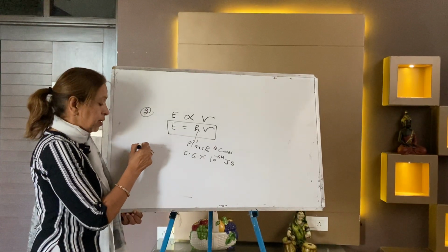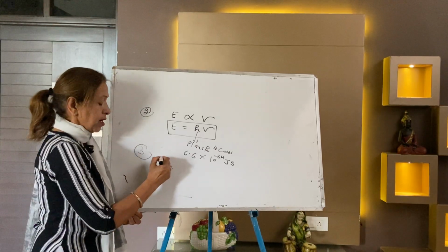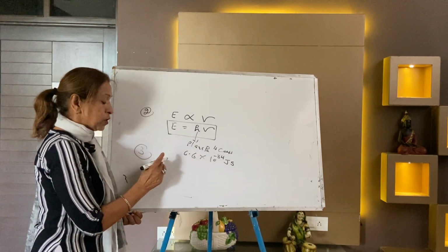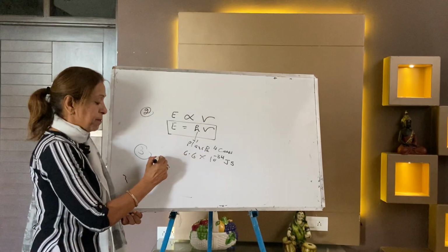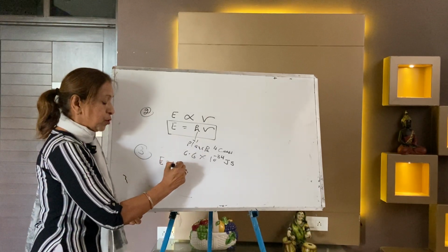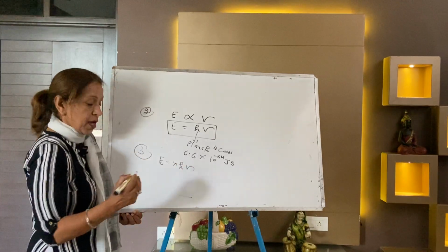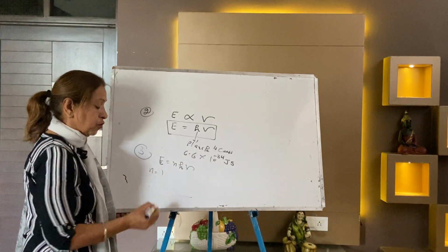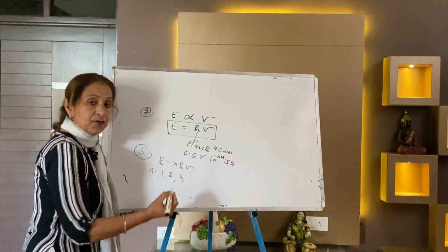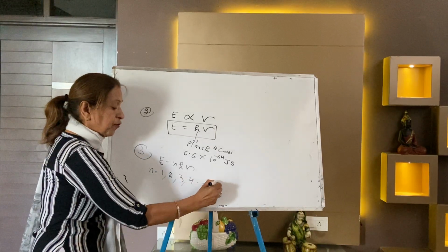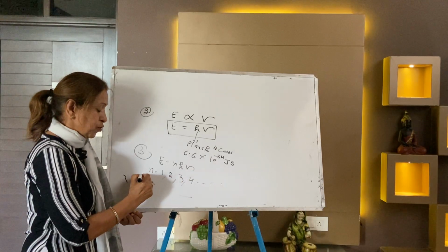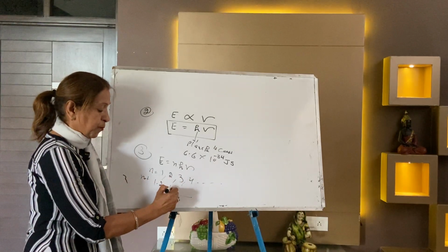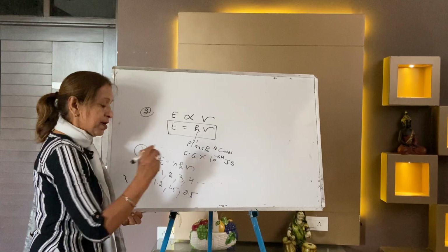Now I am taking the third and last postulate. Only those photons are emitted and absorbed which are whole number multiples: E equals n h nu. n equals 1 photon, 2 photons, 3 photons, whole numbers, like 1 bucket, 2 buckets, not half, not 1.2, 1.5, or 2.5.